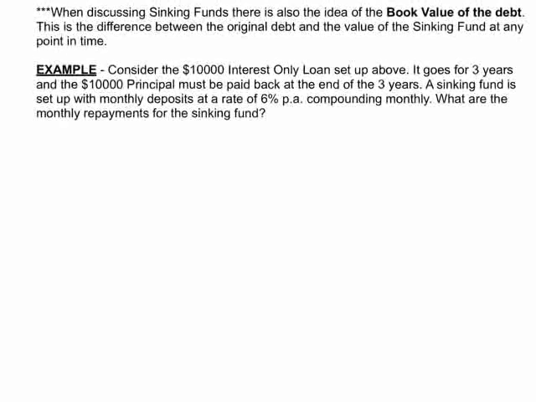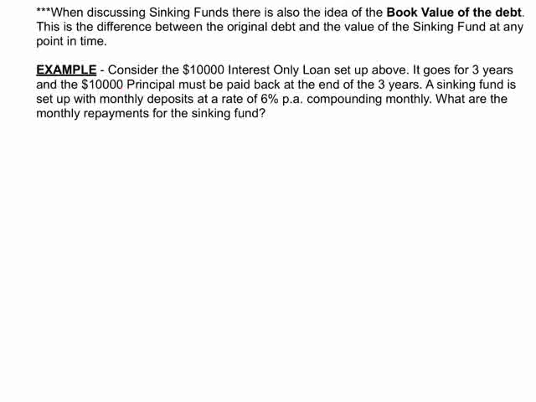So our example above was that $10,000 interest-only loan that was set up, going for 3 years, and this person's going to have to pay $10,000 back right at the end because all they've been doing is paying for interest over the life of the loan. So they set up a sinking fund with monthly deposits, and they got a rate of 6.9% compounding monthly. What are you going to be paying into that sinking fund to make sure that you have $10,000 ready to go?